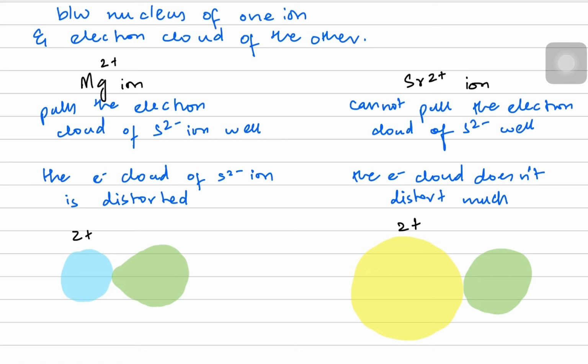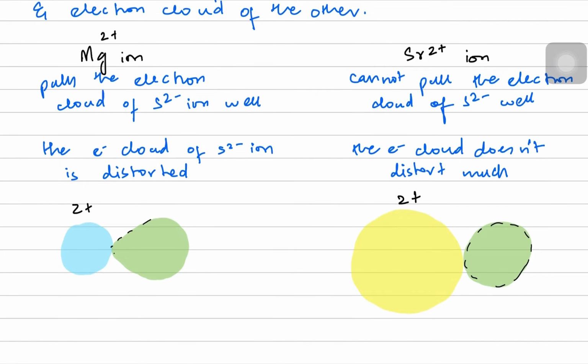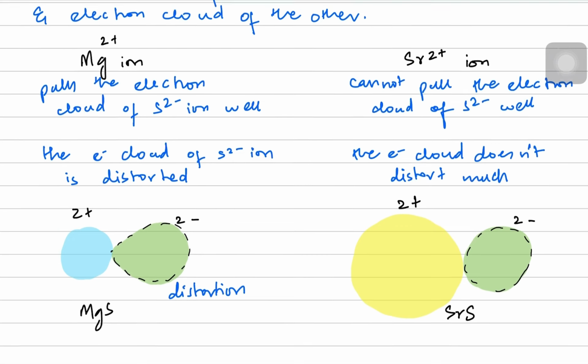See, it is still spherical in the case of strontium sulfide, but it has immense distortion because of the effect of the magnesium cation on it. So the sulfide ion has gone distorted in the case of magnesium sulfide, but no distortion in the case of strontium sulfide. This distortion is known as ion polarization.